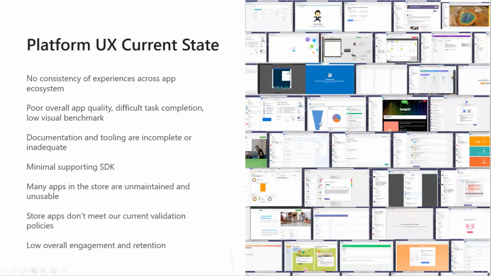We did an audit of 500 apps last year. We looked through every third-party app that we could find inside the Teams ecosystem and found that most of the apps actually have very similar layouts, but the UI look of them is completely different, as you can see here.